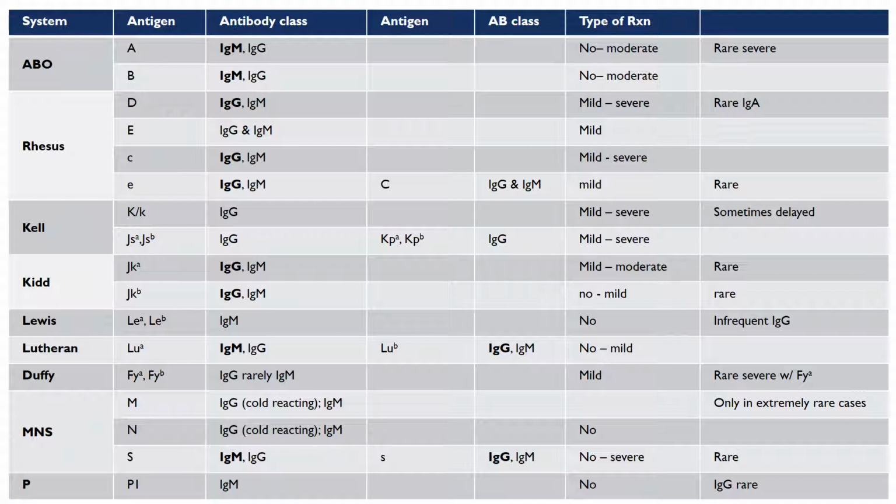Whereas if we look at the antibodies produced against Lewis, against the M and N antigens, against P1, those are IgM. So IgM antibodies are not going to cross the placenta. They're not going to be a problem. So that's why we can say no. We don't see HDFN in those cases.